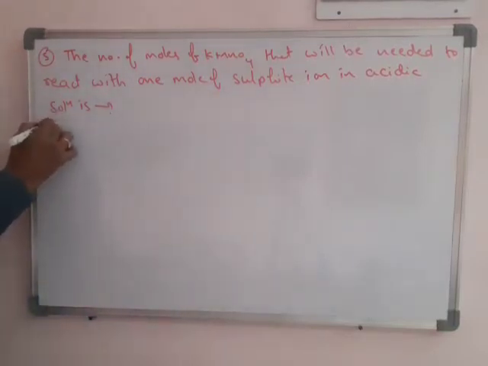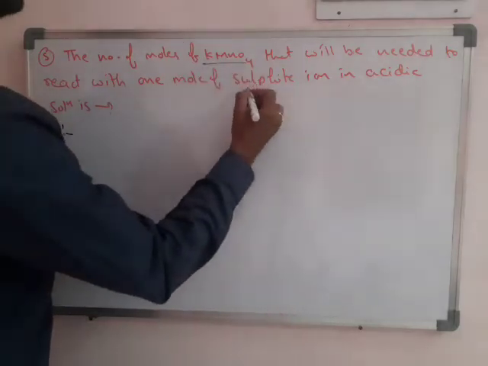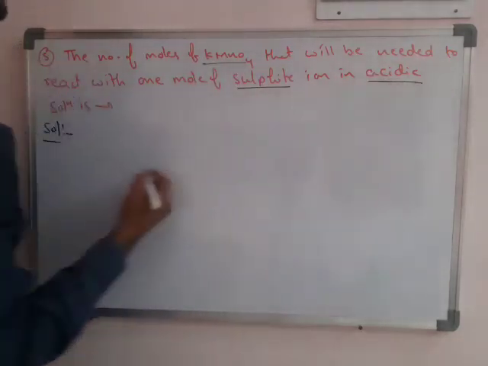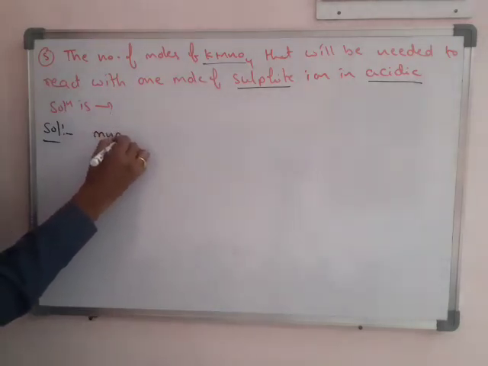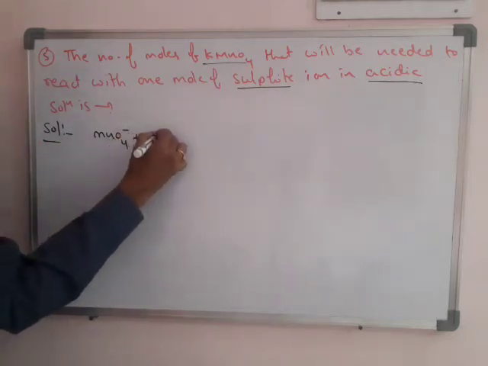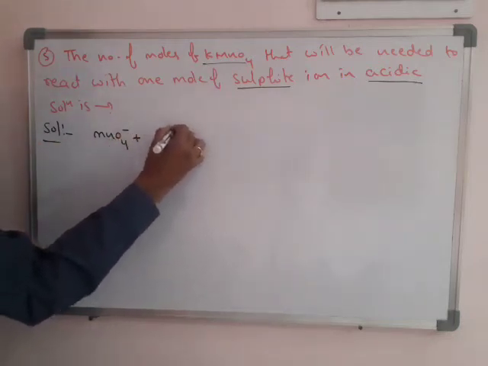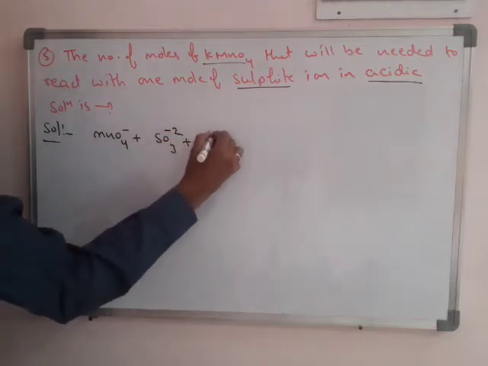Okay, so first we read the reaction between potassium permanganate and sulfite ion in acidic medium. So what is the reaction? Actually the main reaction part is the permanganate part in KMnO4, so we are writing it in ionic form. This is sulfite ion, and in acidic medium it is H plus.